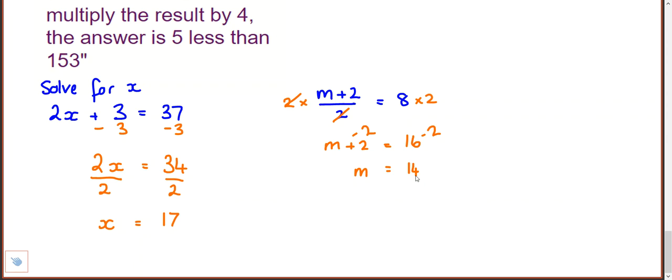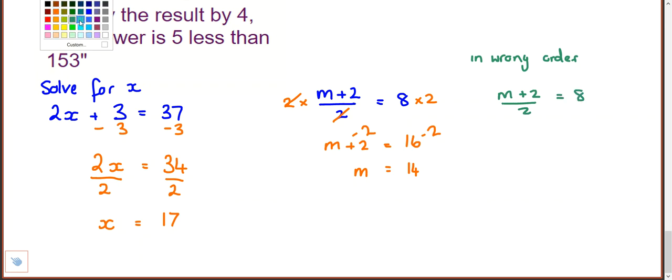See, this is the thing. If I did it in the wrong order, we need to make sure that we read the question. So if I did n plus 2 divided by 2, and decided to subtract 2 first, that would leave me with n over 2 equals 6.